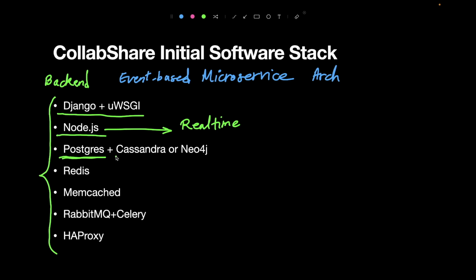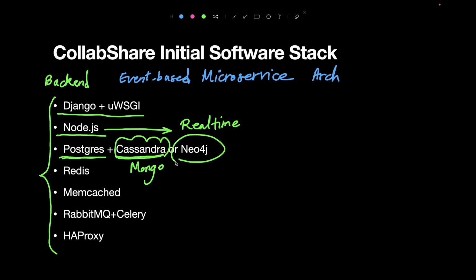For storing unstructured data, I would like to use Cassandra or maybe MongoDB, but it depends on the situation, and it requires more research to choose which one. But at this moment, I would like to use Cassandra.